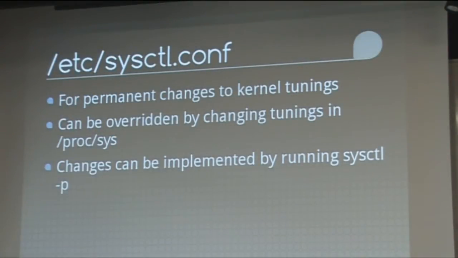Anyway, any setting you have in your /etc/sysctl.conf can be changed by manually changing settings in your proc sys file system. Anything you put there is non-volatile, so it will survive reboots. And you can make changes to the file on the fly and then implement them by running sysctl -p.